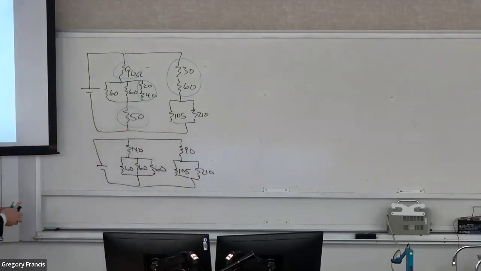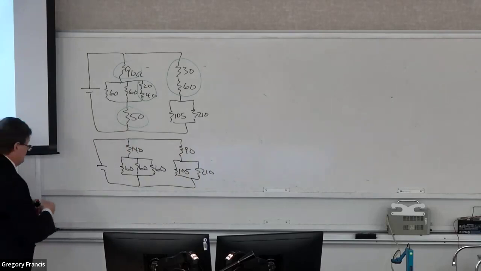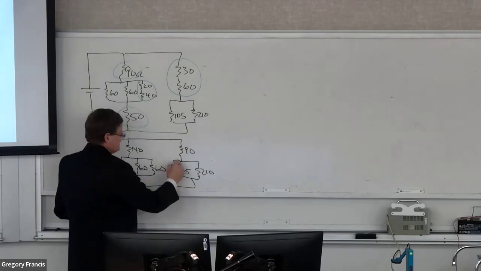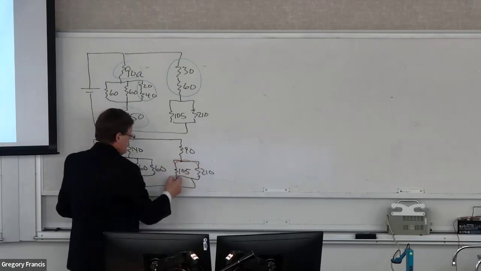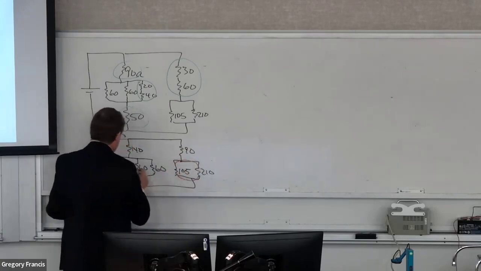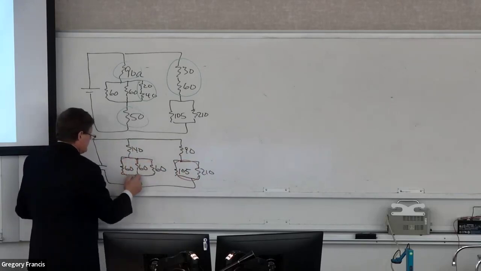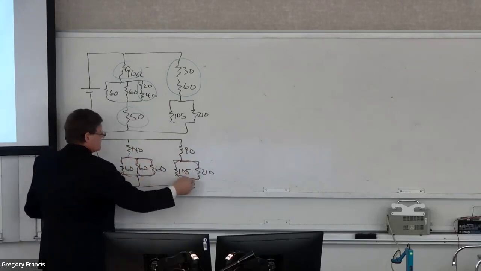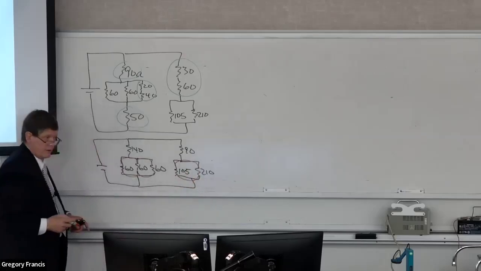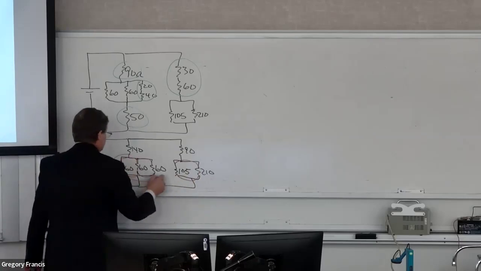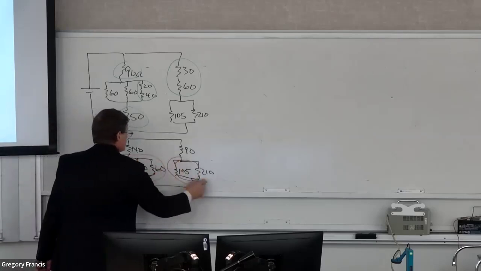Now, the next question I ask is, what's parallel? When things are parallel, they have direct connections with nothing but wire on both sides. So these guys are all parallel. And the 105 and the 210 are parallel. And so I would circle this, and I would circle that.